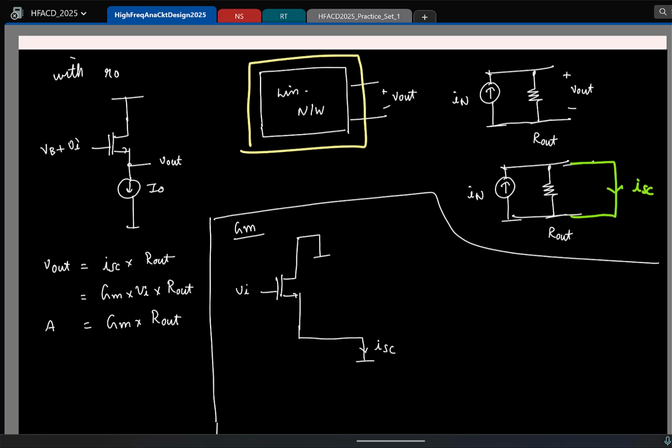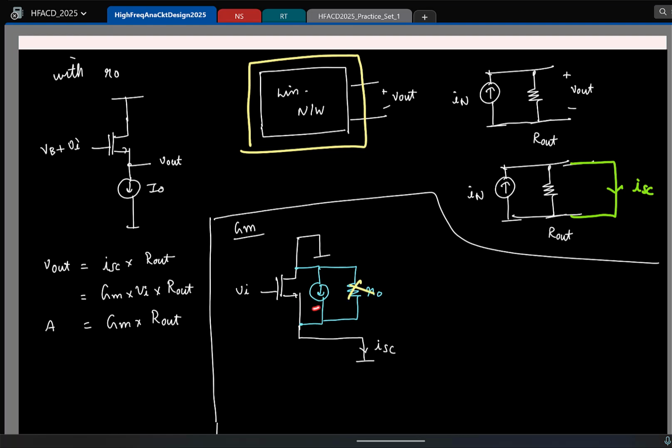And if I model the transistor, I'll have a current source and R0. Now look at R0. R0 is connected between two grounds. So is it relevant or not relevant? It's connected across two grounds, so it's not playing any role in this picture.